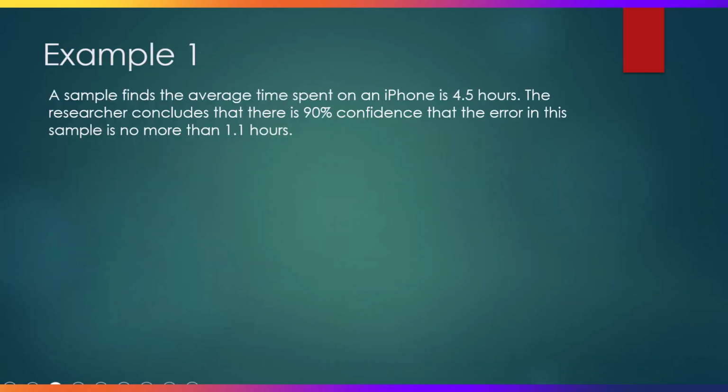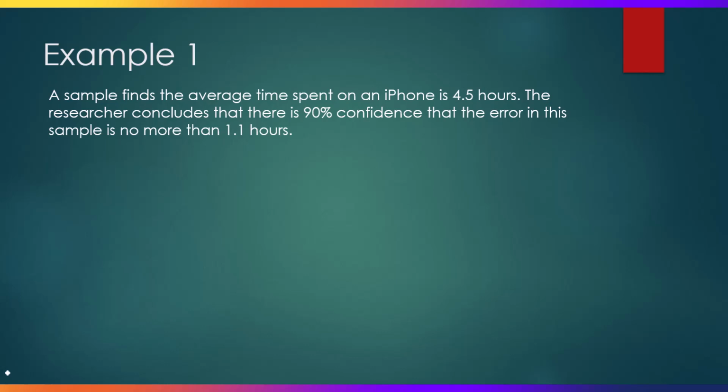And so what that looks like here with an example. Here we have an example. It says a sample finds the average time spent on an iPhone is 4.5 hours. The researcher concludes that there is 90% confidence that the error in this sample is no more than 1.5 hours.